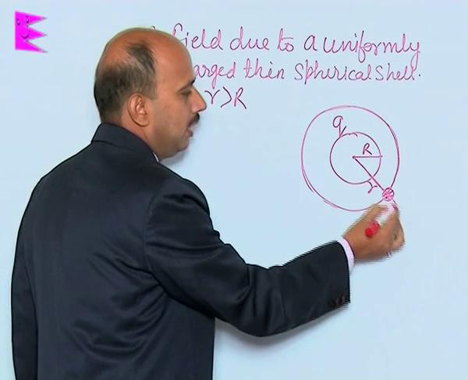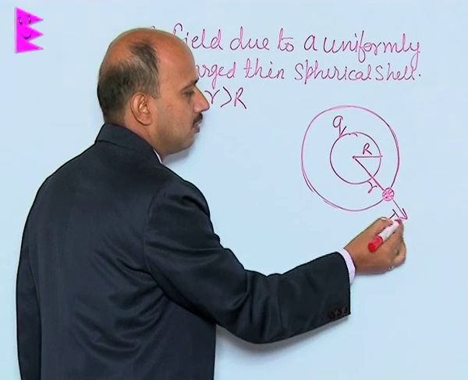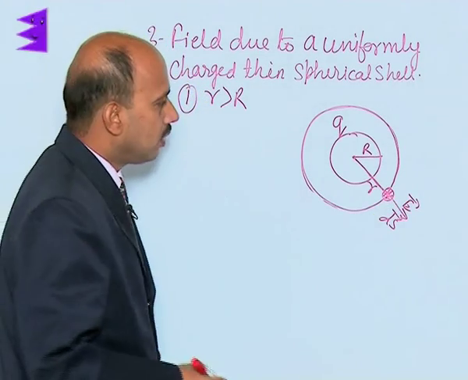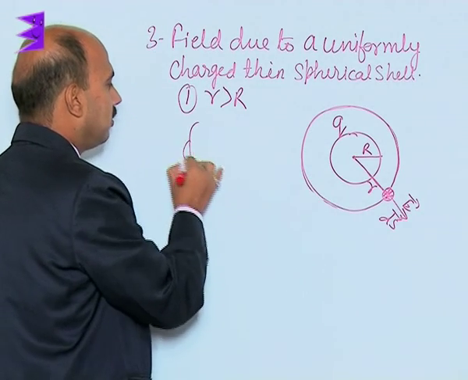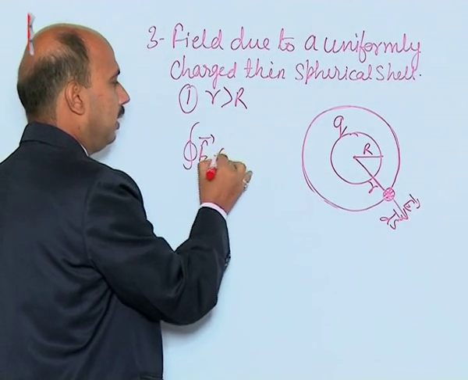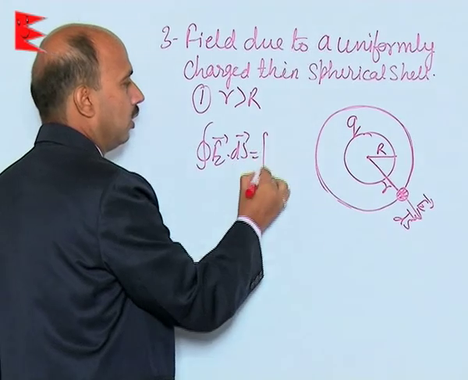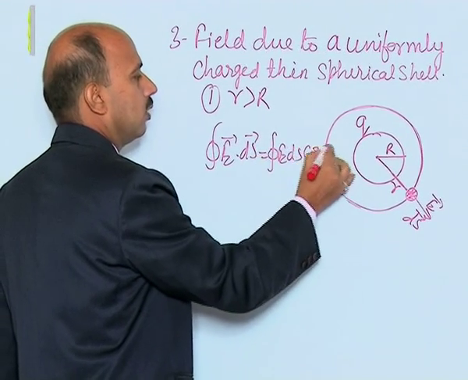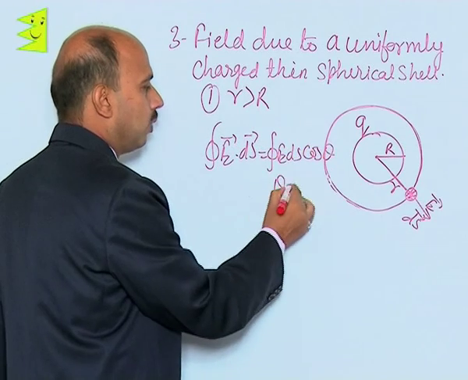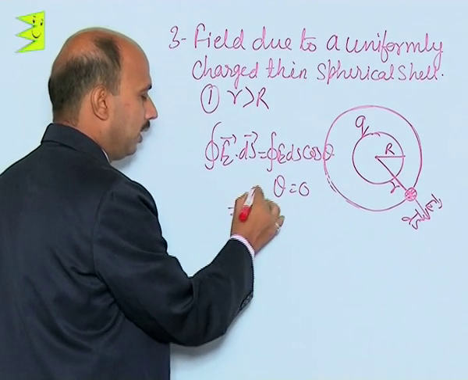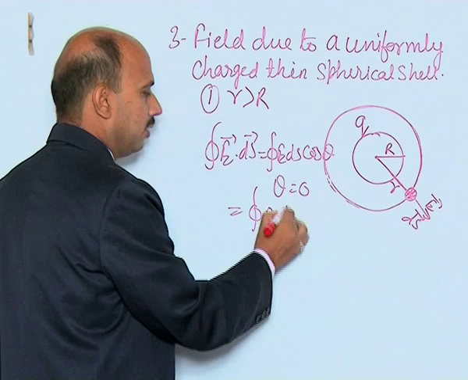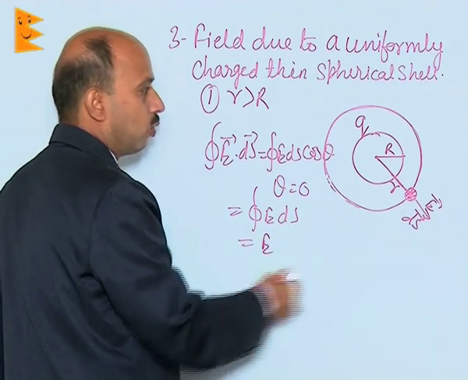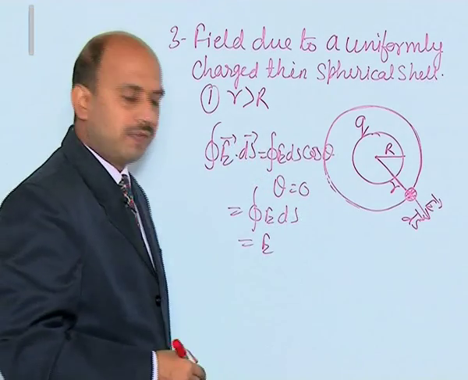Suppose the area vector is ds, and the electric field is also radially outward. So, we can write flux is equal to E dot ds is equal to E ds cos theta. Here theta is equal to 0. So, we can write E ds, and E is constant at every point on the Gaussian surface.